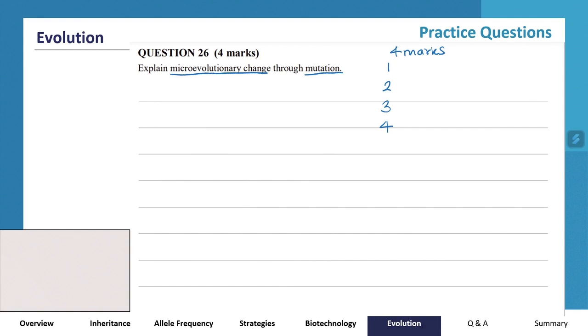Okay, I will go through the answer now. The first thing that you need to say is that mutations happen at a natural rate.